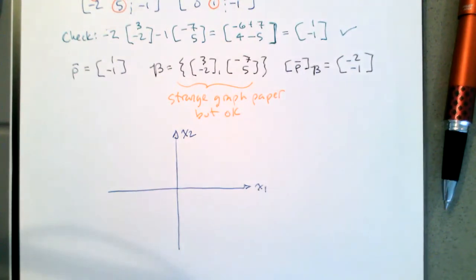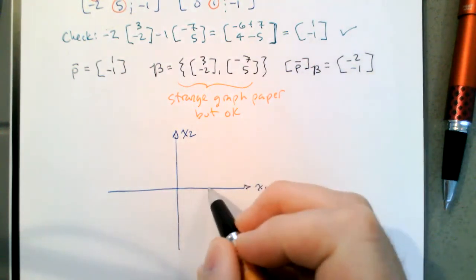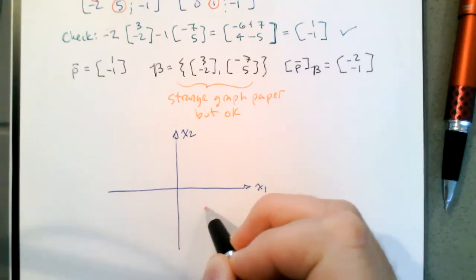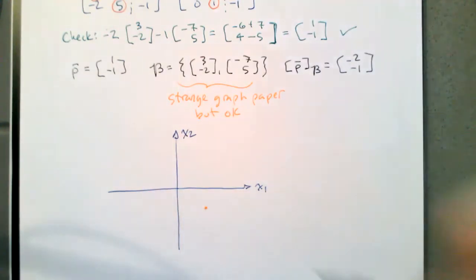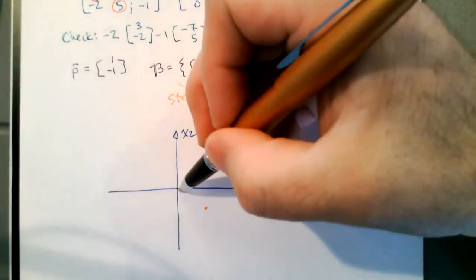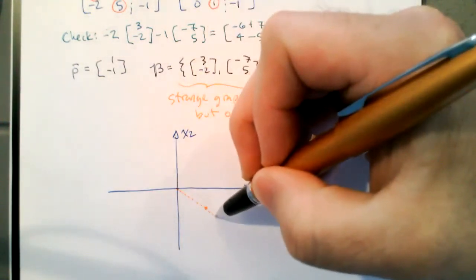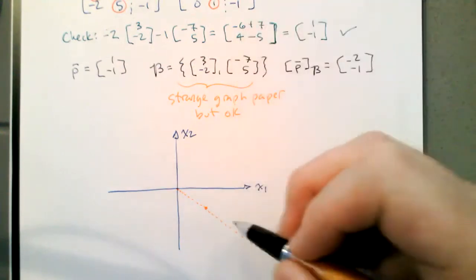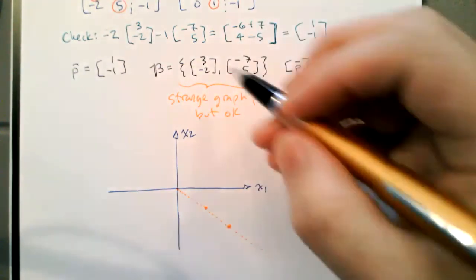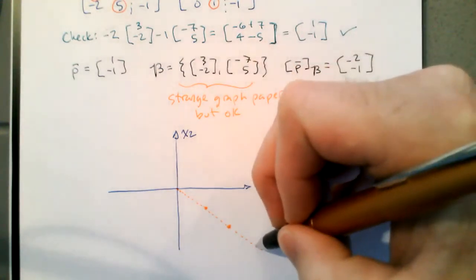Normally I have x1, x2, where x1 is the axis for (1, 0) and x2 is the axis for (0, 1). That's the grid we want to make. But now I'm going to make some weirdo graph paper where one of my vectors is (3, -2). So I'm going to go out 3 and negative 2, and my first axis is going to go in this direction. Every 3, negative 2 is going to be one of these.